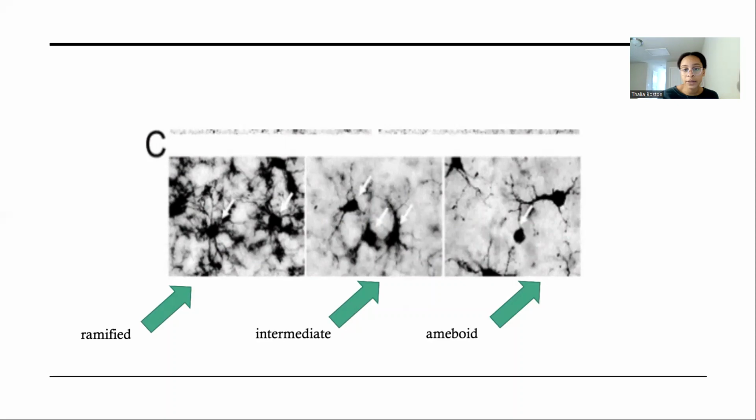So here I have three images. I really only wanted to talk about two, which are the ramified image of the microglial cells versus the amoeboid image. Think of the ramified image as an uninterrupted, functional, efficient microglial cell. Here it has a very stable nucleus with a lot of branching, which means that it's ramified.